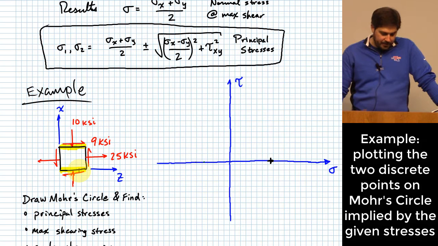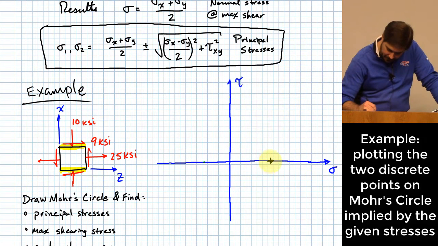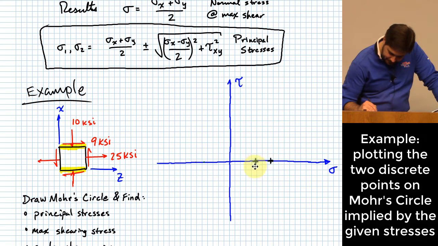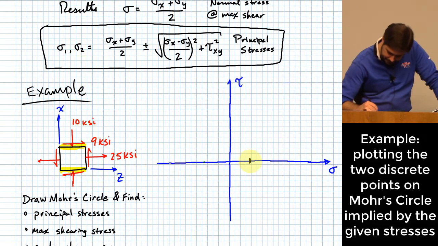So I would have negative 10 KSI along the normal direction. So 1, 2, 3, 4, 5, 6. Tell you what, I might need to change this just a little bit. I'm going to go half scale. So this was going to be 7.5. So 1, 2, 3, 4, 5, 6, 7.5 would be right here.